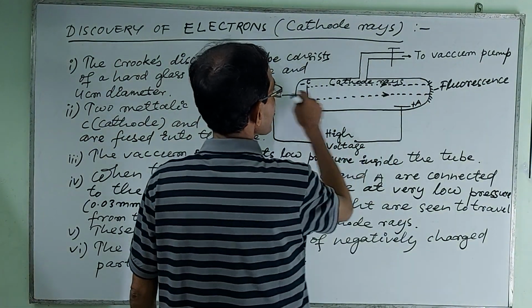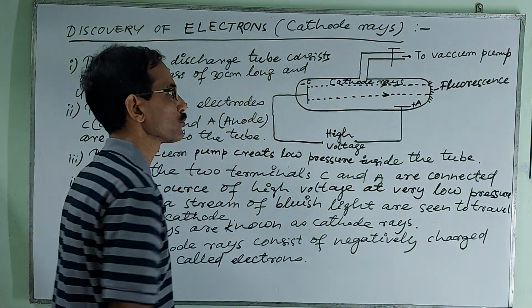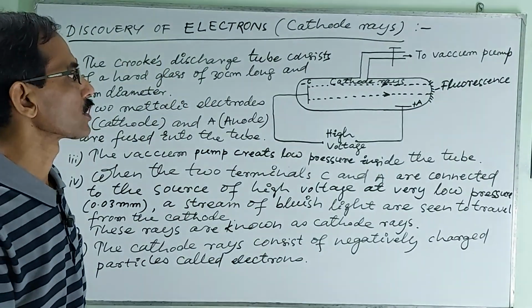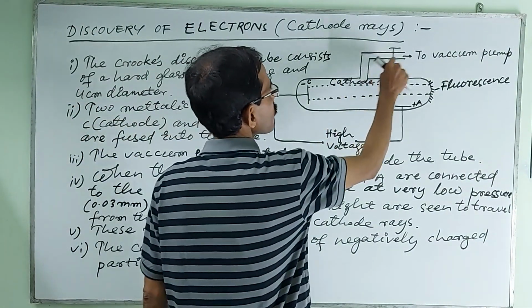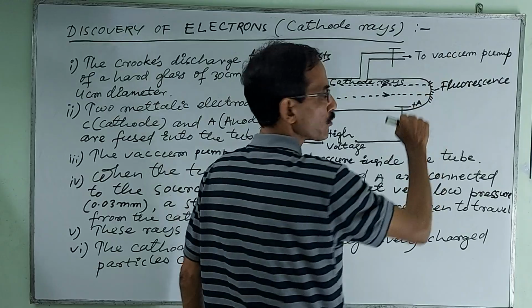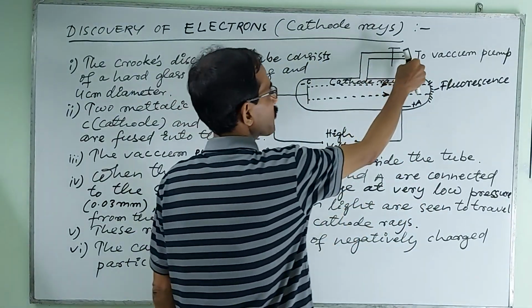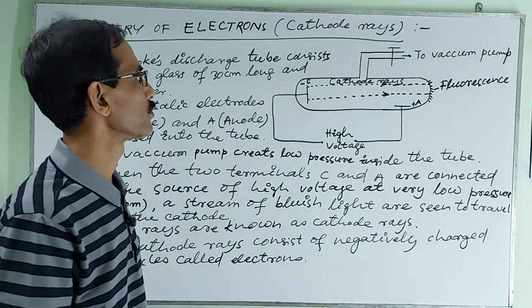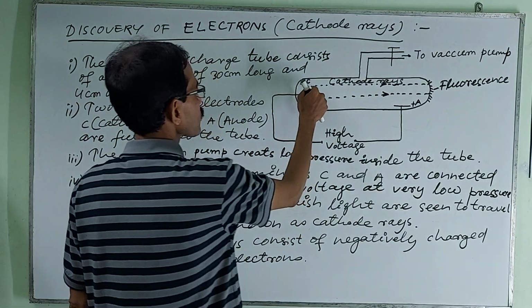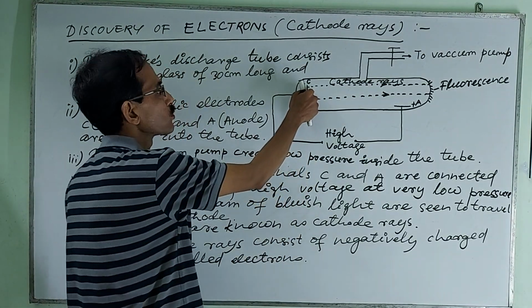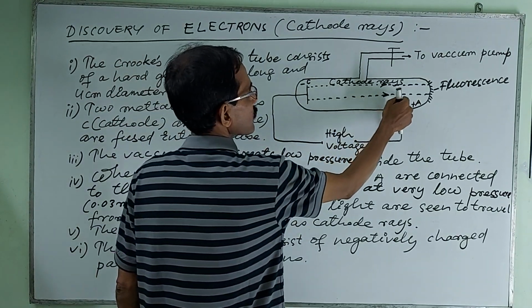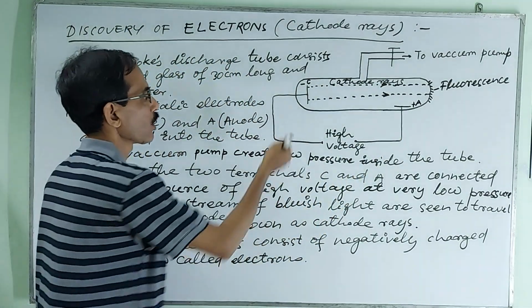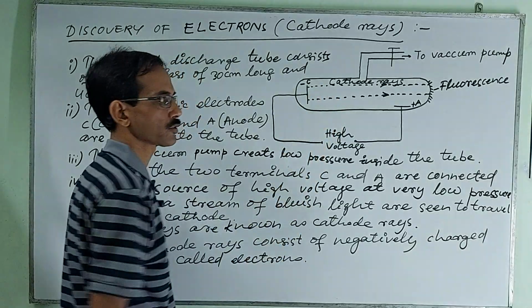Its length is 30 centimeters and its diameter is 4 centimeters. It has one side tube to connect to a vacuum pump. The vacuum pump creates low pressure inside the tube. And the two electrodes, this is the cathode and this is the anode, are fused into this tube.